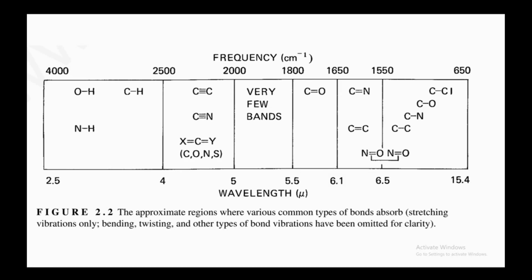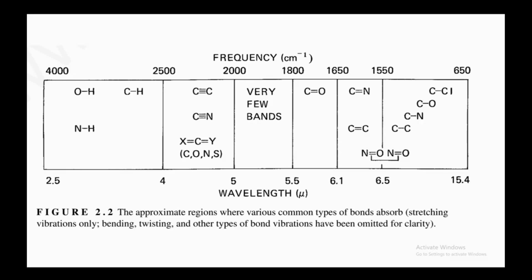But we will discuss in more detail each single functional group and its characteristics, and we will explain in detail why some groups absorb IR at higher wave number and why some groups absorb at lower, and what the effect of substituents is on IR spectroscopy, like the effect of hydrogen bonding, resonance, and conjugation on the IR spectrum.